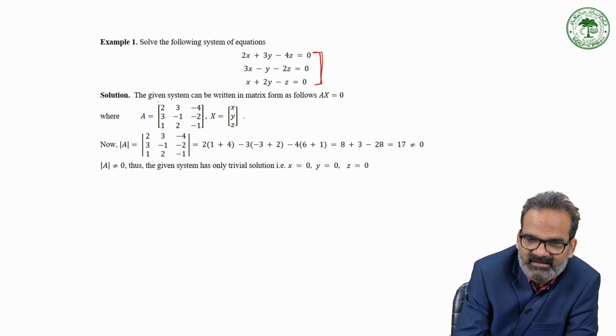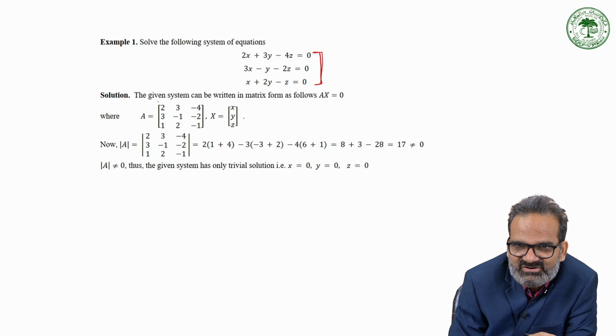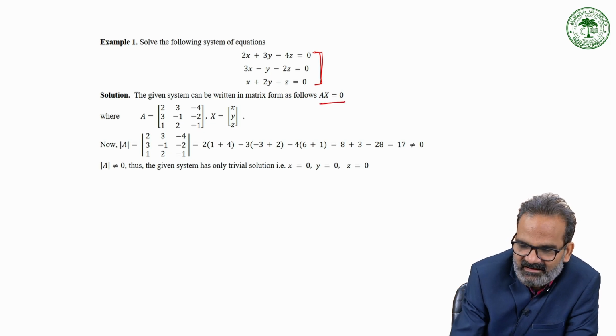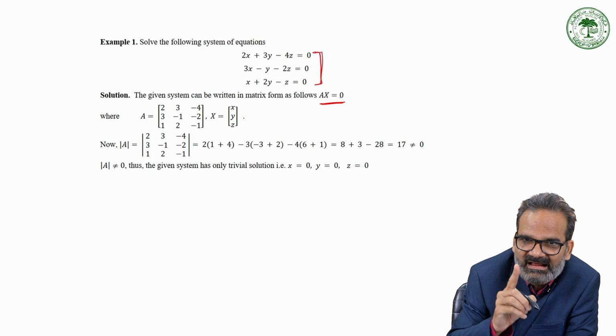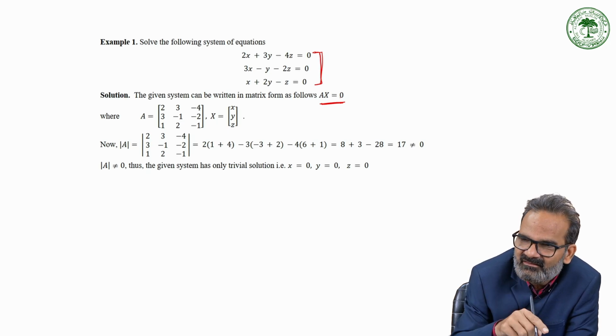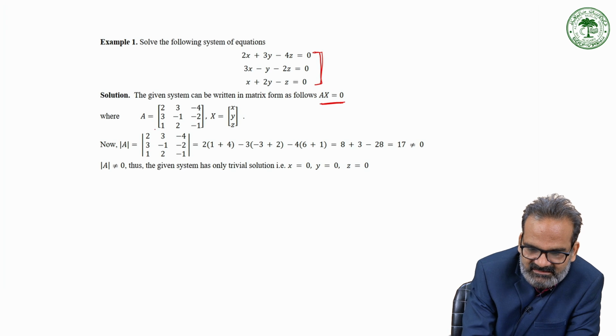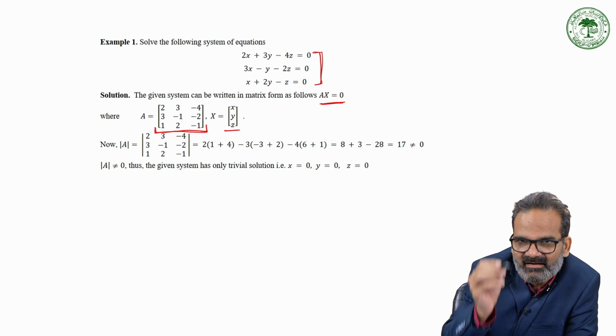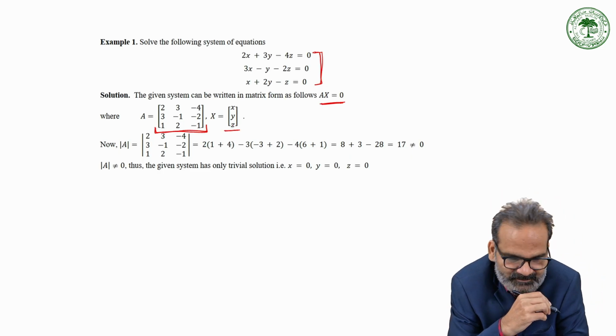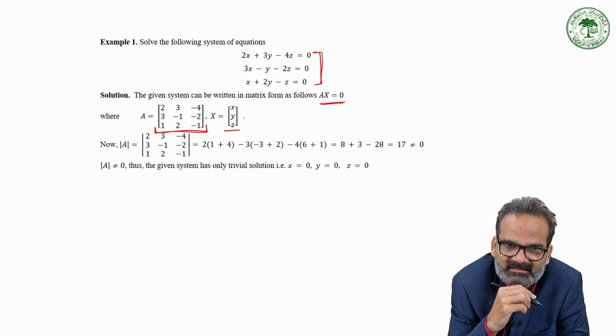So naturally, the given system of equations can be written as Ax is equal to 0. A is the matrix of the coefficients of the variables x, y, z. This is your A. And X is the three variables involved, that is x, y and z.